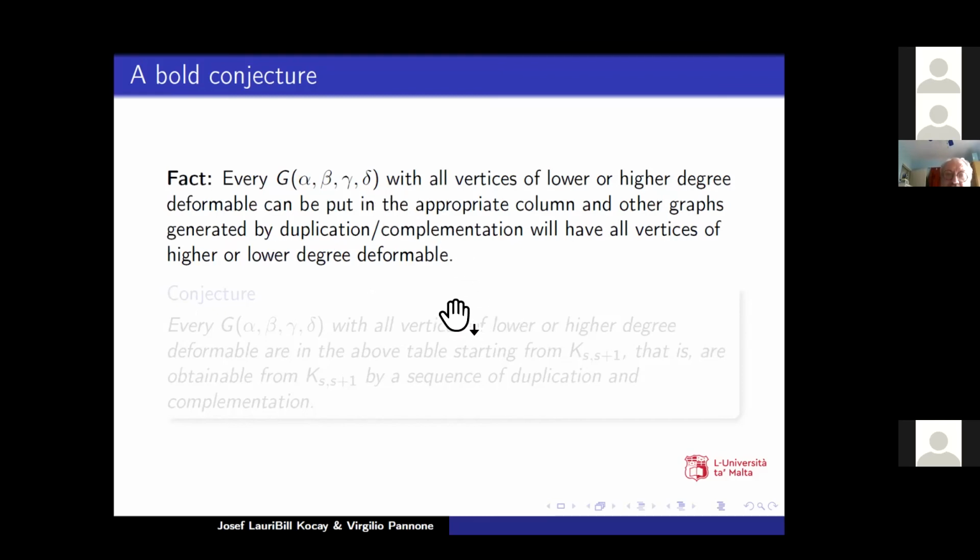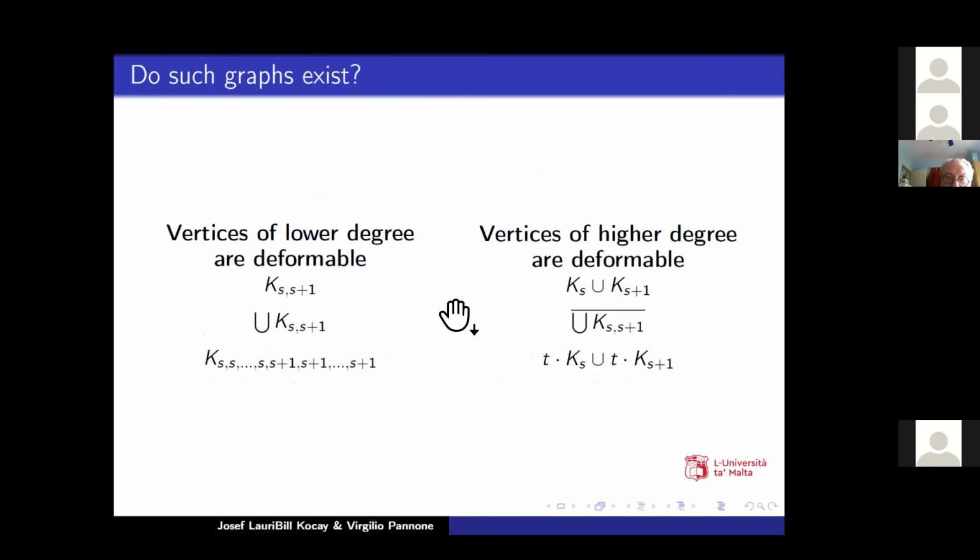If you put that graph in a column here, like I started with K_{S,S+1}, and either duplicate or take complementation, and so on, you will get a column of graphs in which vertices of lower degree are deformable, and a column of graphs in which the vertices of the higher degree are deformable.